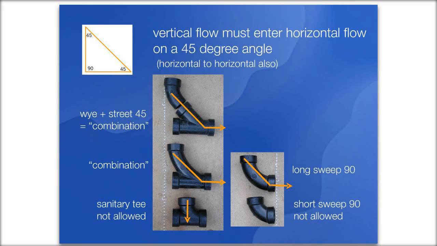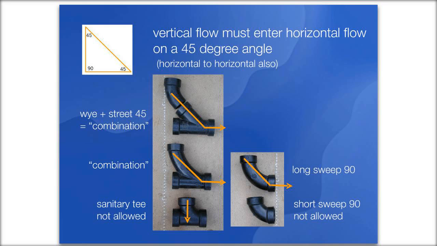So the top picture of 2 fittings, that's called a combination. It's a 45-degree, a street 45 actually, that glues right into the hub of that Y. And then below that is an actual combination where the fitting has already been molded as if it was those 2 fittings combined.